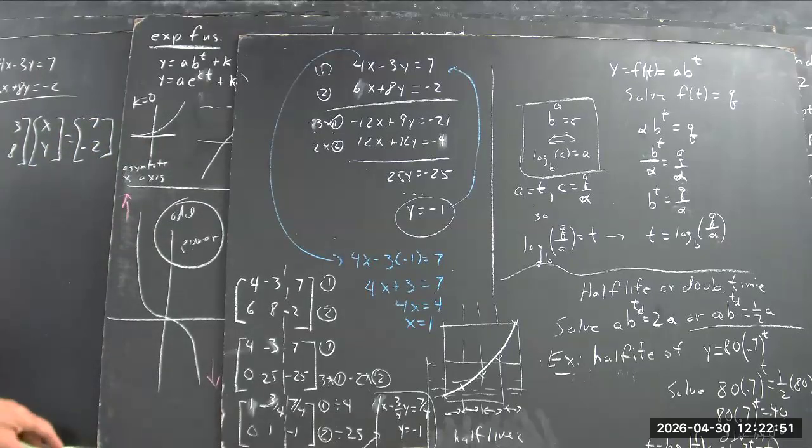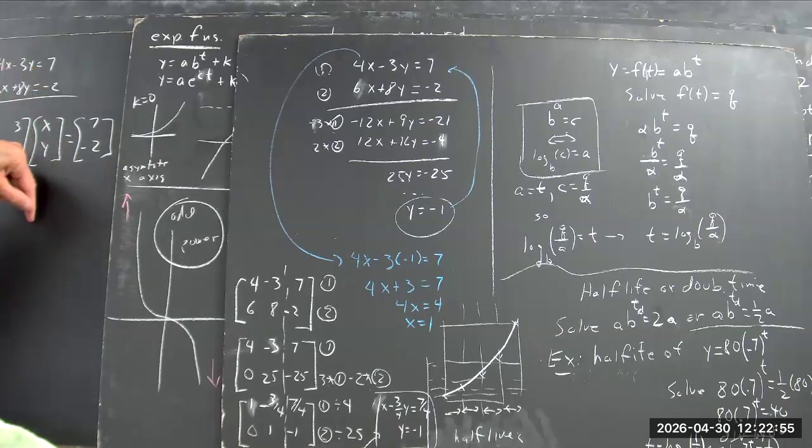And if you understand matrix multiplication, multiply the 4, -3 row by the xy column, you'll have 4 times x plus -3 times y, which matches your first equation, right? And 6 times x plus 8 times y has to equal -2. There's your second equation. So that should be very easy, but make sure you review it because there's a very good chance it'll show up.